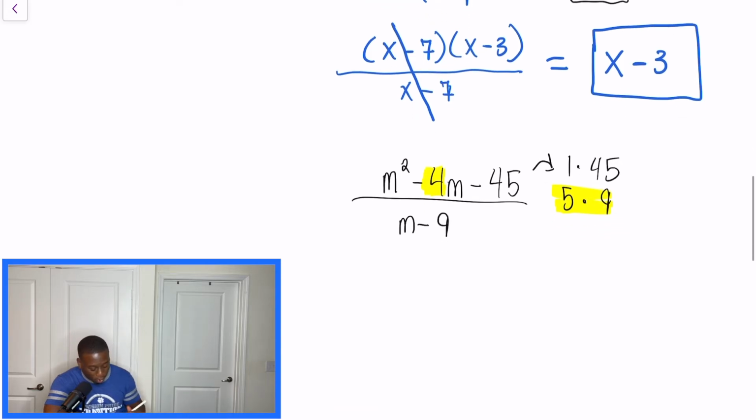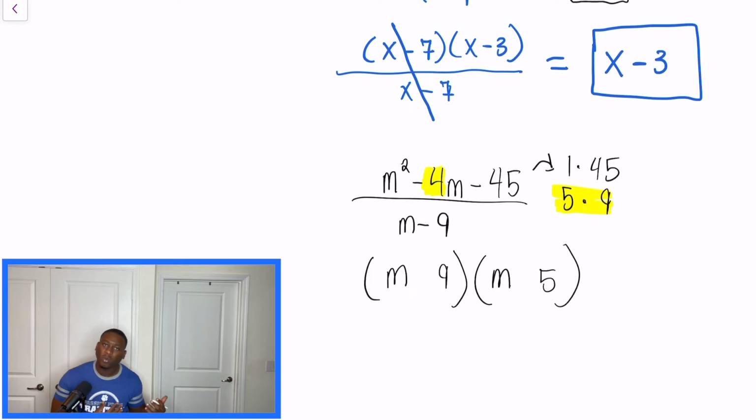Exactly. So we're going to rewrite this. I want a negative 4 in the middle. Which number would have to be negative for us to get that? What I want you to understand is that the middle sign is normally going to take the sign of the larger number. So this will be m minus 9, m plus 5.